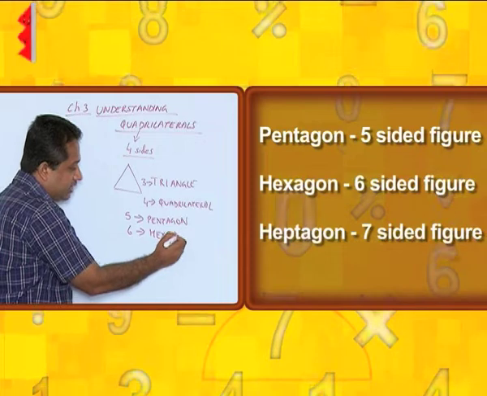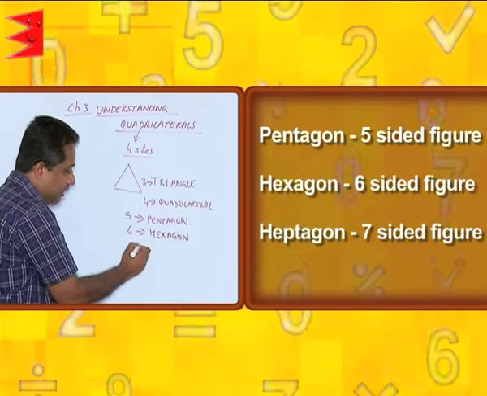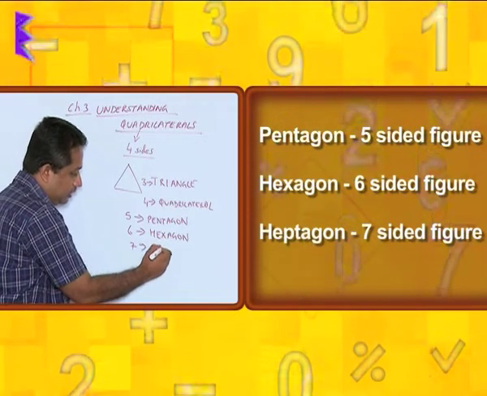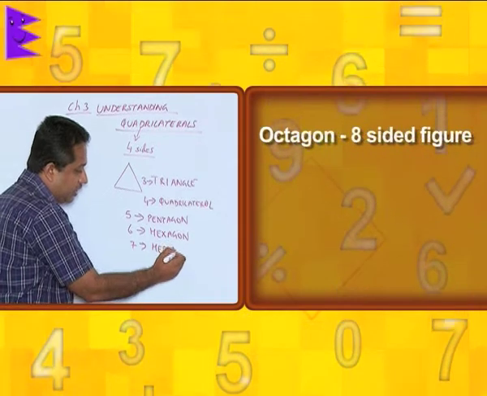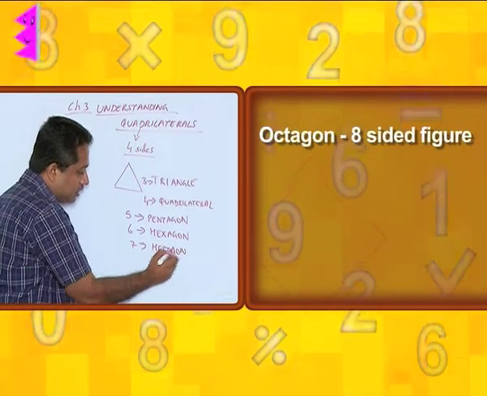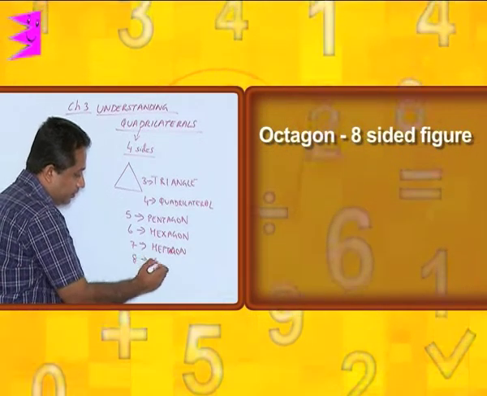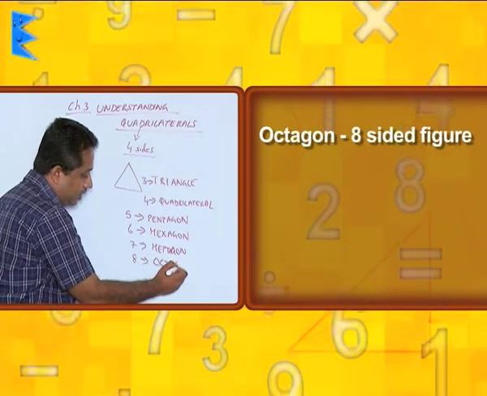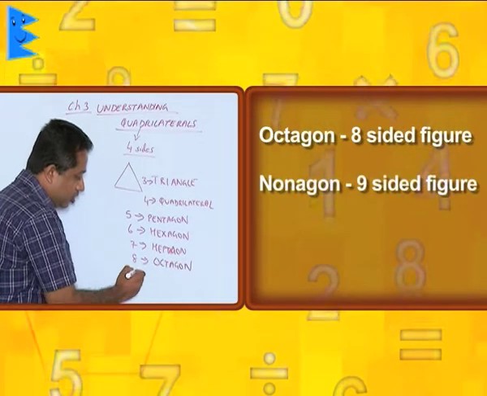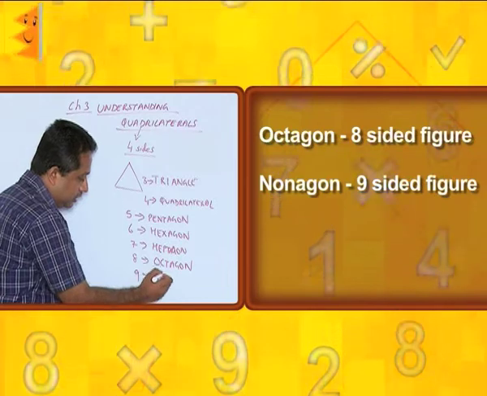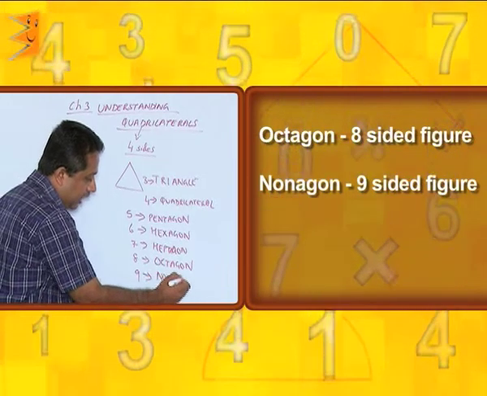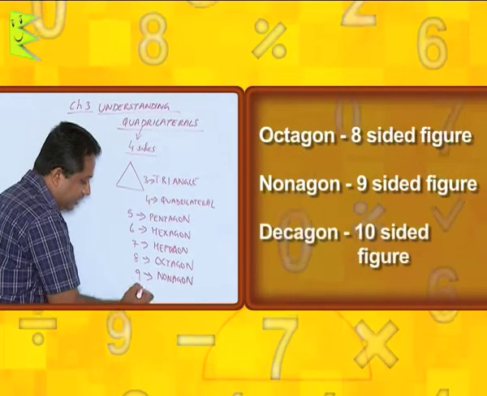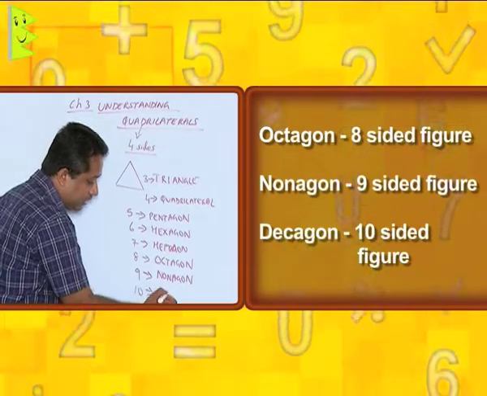A 7-sided figure is called heptagon. 8-sided figure is called octagon. A 9-sided figure is called a nonagon, and finally a 10-sided figure is called decagon.